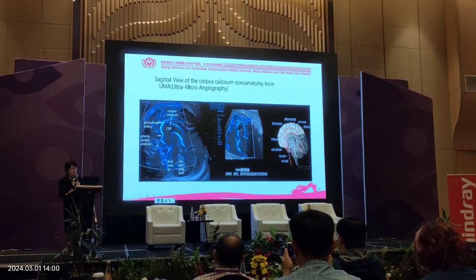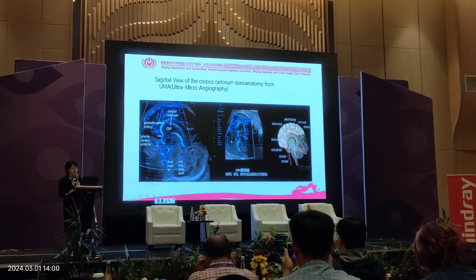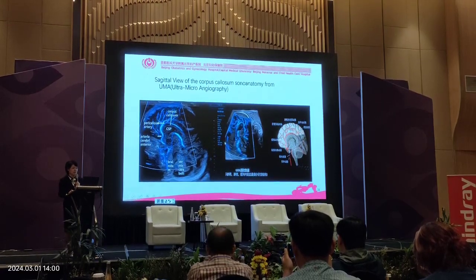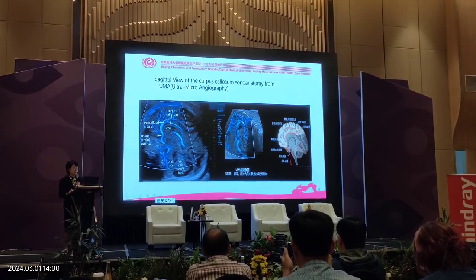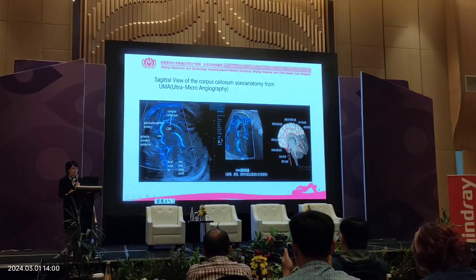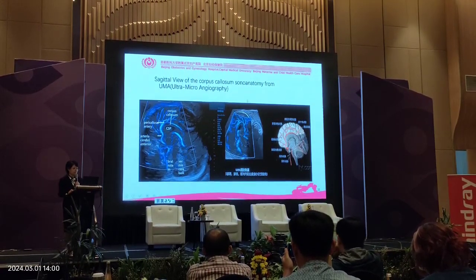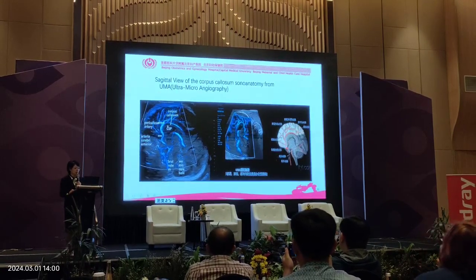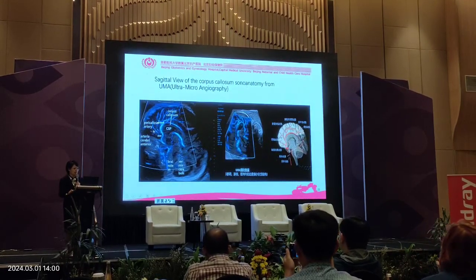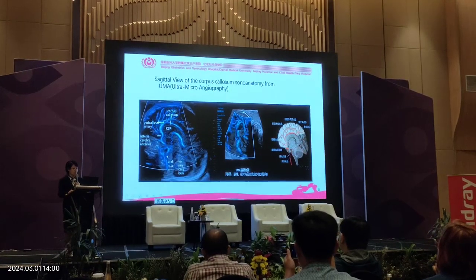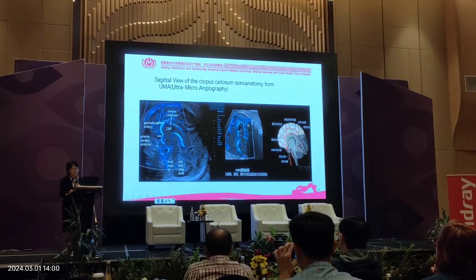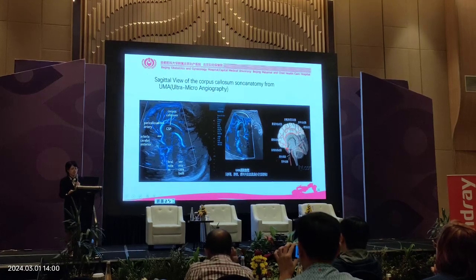It's very clear to see the sagittal view. And also you can find whether the corpus callosum is normal or abnormal. This is the pericallosal artery, CSP, corpus callosum here. It's the anterior cerebral artery. This is the ultramicro, the vessels to show.